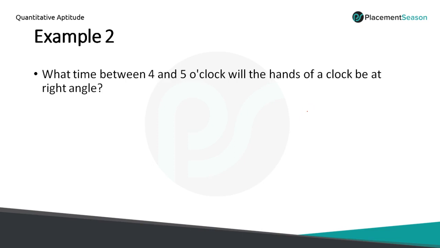At what time between 4 and 5 o'clock will the hands of the clock be at right angle? We have discussed the formula. That is 5h plus or minus 15, into 12 by 11. So 5 into the h value, you have to take the lowest value, plus or minus 15, into 12 by 11. Substitute this value. If you substitute with a plus, you will get 420 by 11.